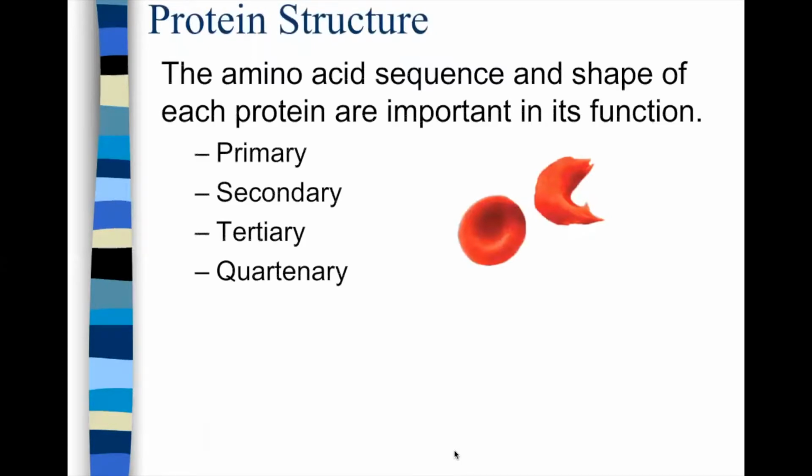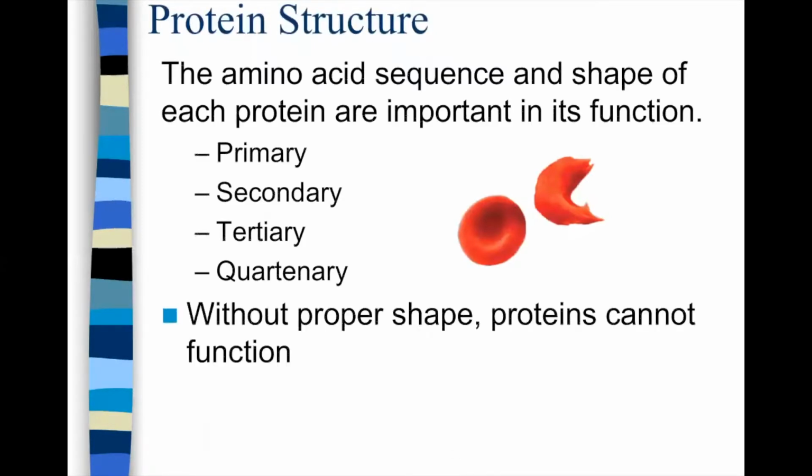All right. So there are 4 ways to describe protein structure. To begin with, there is primary structure, which is the sequence of amino acids in the polypeptide chain, which amino acids are in that polypeptide chain.